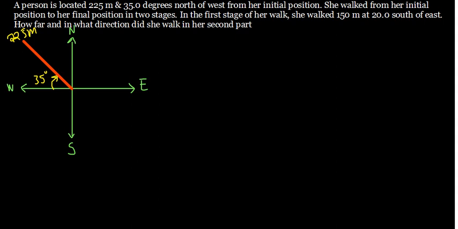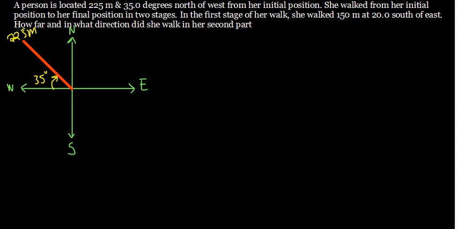And then we've been told she walked from her initial position to her final position in two stages. So this is the final position. In the first stage of her walk, she walked 150 meters at 20 degrees south of east. In which quadrant is south of east? In the fourth quadrant.